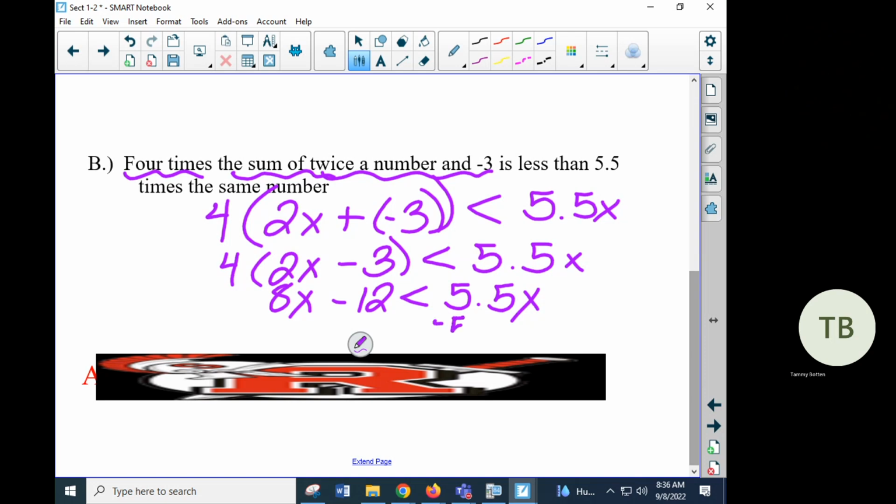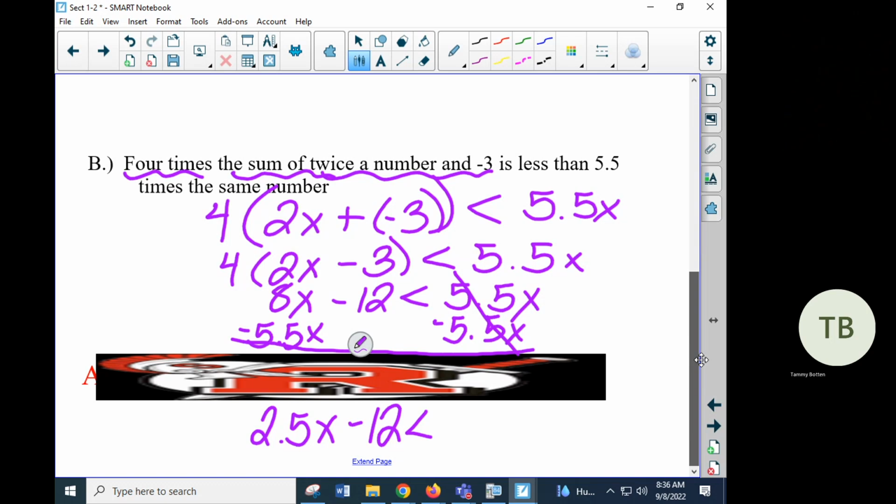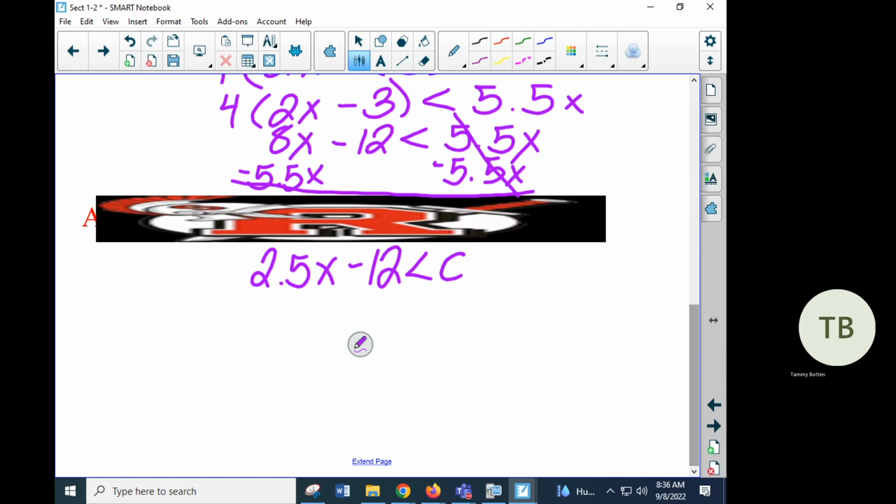So you'd bring your 5.5x over. Okay, 8x minus 5.5x is 2.5x. And you still have your -12, and 5.5x minus 5.5x is 0.